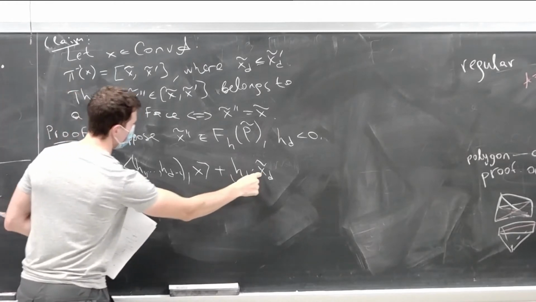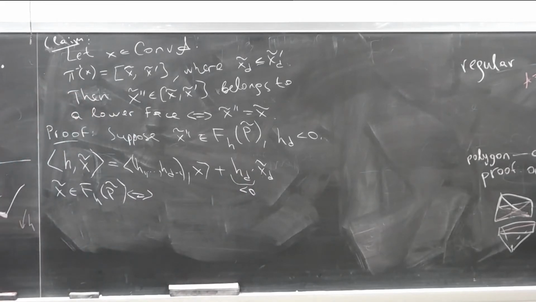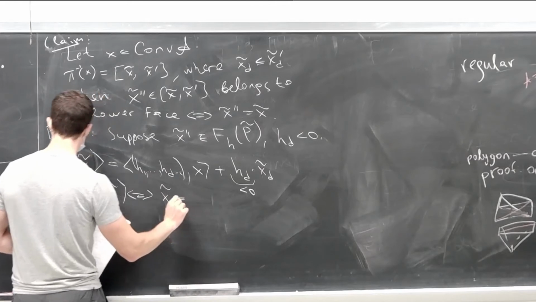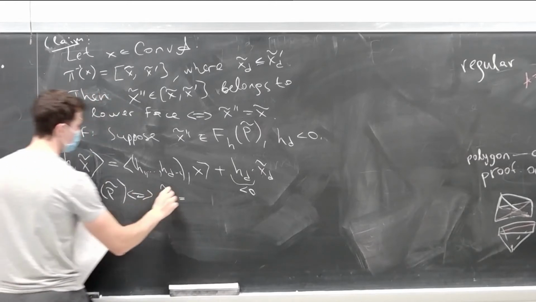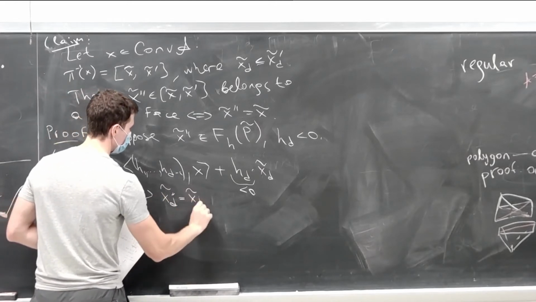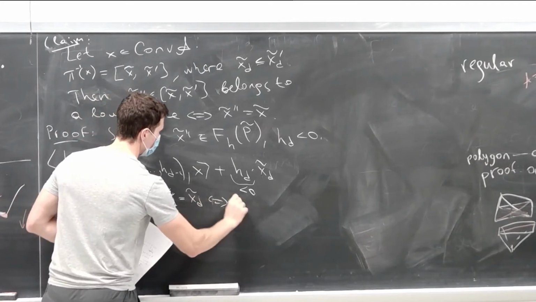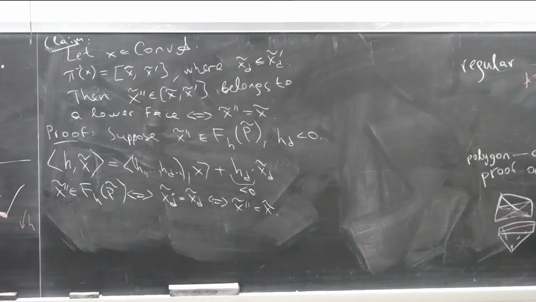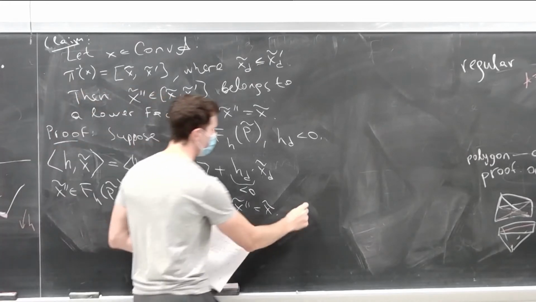So x tilde_d has to be minimal in the preimage, if and only if x tilde double prime is equal to x tilde. I guess that's the whole proof.